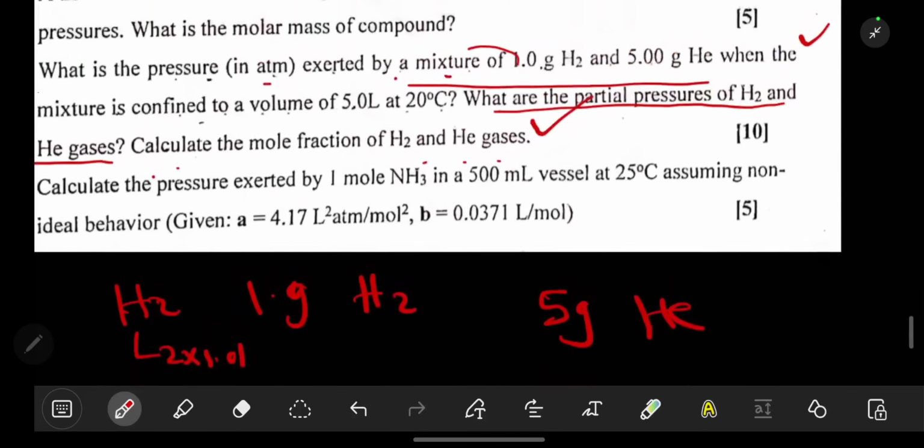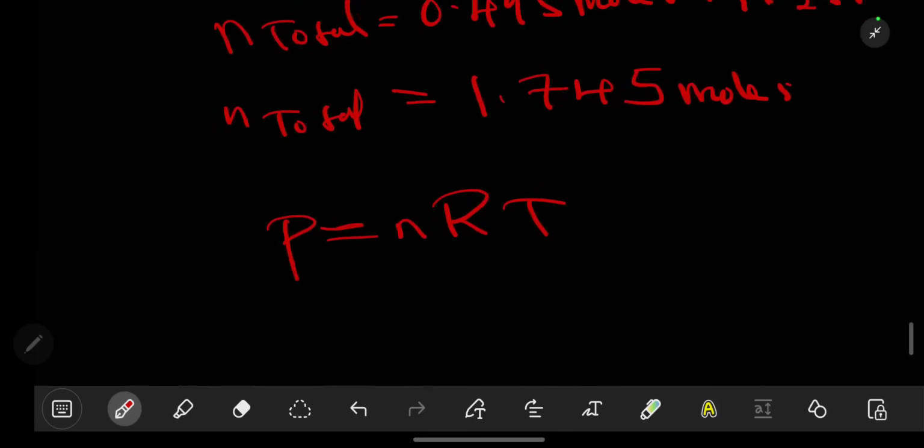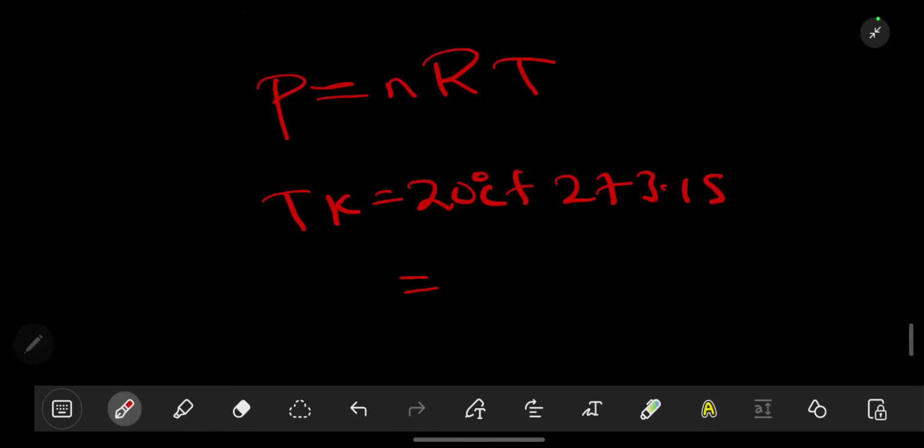The temperature is in degrees Celsius, so the temperature in kelvins should be equal to 20 degrees plus 273.15, which gives us 293.15. So this is the temperature in kelvins.